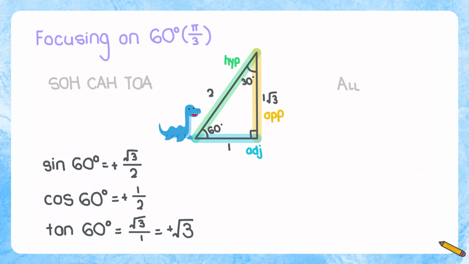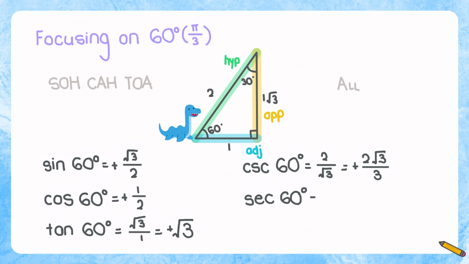And then let's find the remaining 3 trig ratios. Cosecant of 60 degrees is the reciprocal of sine of 60 degrees. So that would be 2 over radical 3, but remember to rationalize the denominator. So we have 2 times radical 3 over 3, and it's positive. Next, secant of 60 degrees is the reciprocal of 1 over 2, so 2 over 1, which is 2, positive.